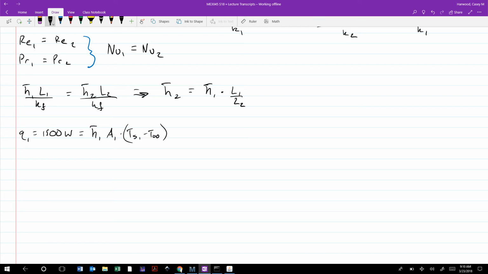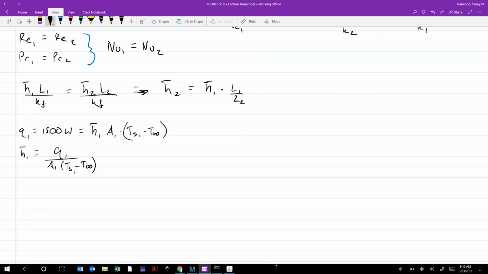If we solve for h bar 1 from that, h bar 1 is then equal to, we'll write it symbolically first, Q1 over A1 times TS1 minus T infinity.